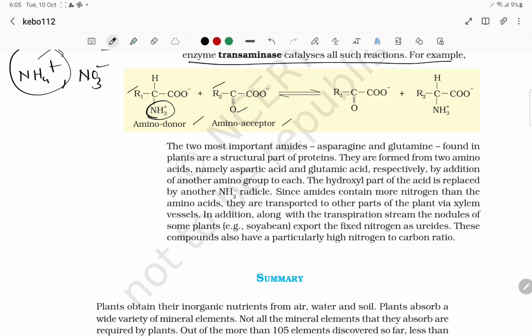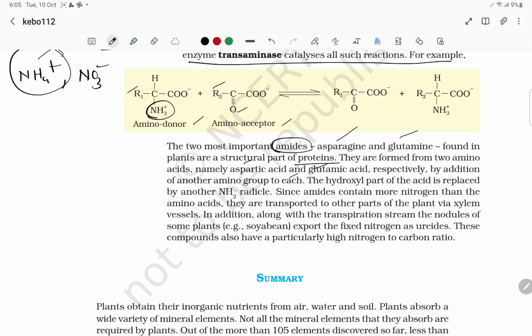So the two most important amides, asparagine and glutamine, found in the plants are structural parts of proteins. They are formed from two amino acids, namely aspartic acid and glutamic acid, respectively, by adding another amino group to each.